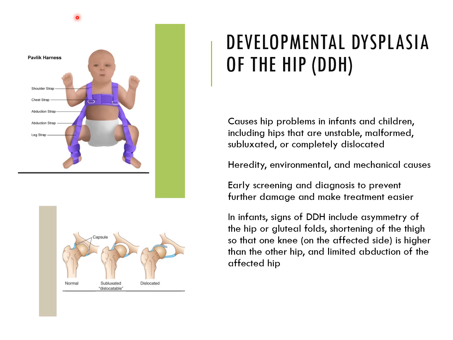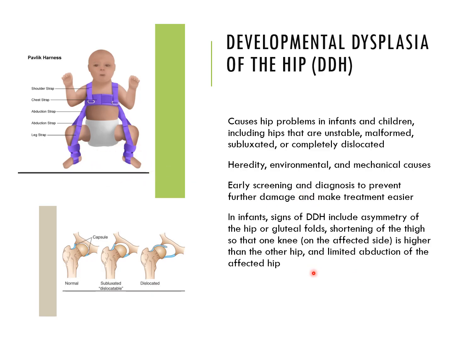And then immobilization, where we immobilize the legs in what we call an abducted position. So you can see that here where those legs are abducted, or moved away from the midline of the body. We do that usually with something called a Pavlik harness that's hooked around the shoulders and around the chest of the baby, and then straps are used to hold those legs in that abducted position.